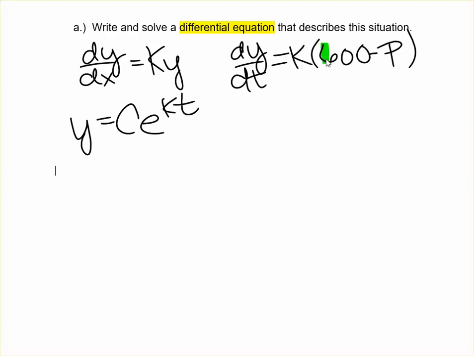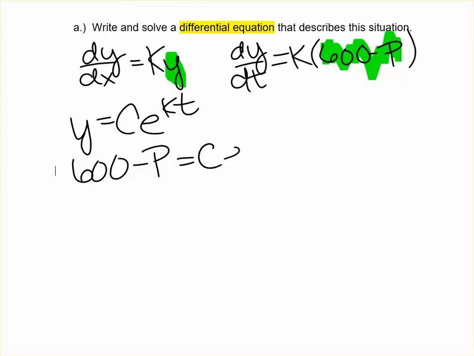So remember, this part we're multiplying by the k. That is our y. So we're going to replace y with 600 minus p equals c e to the kt power.